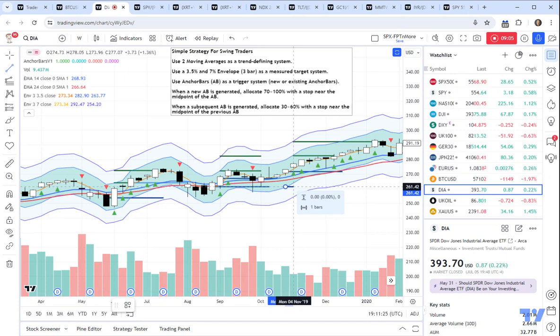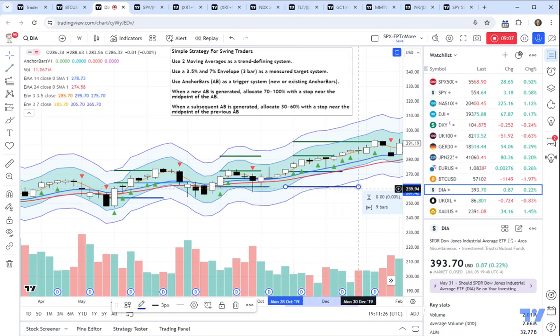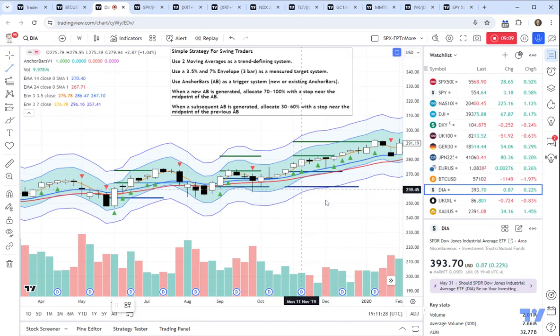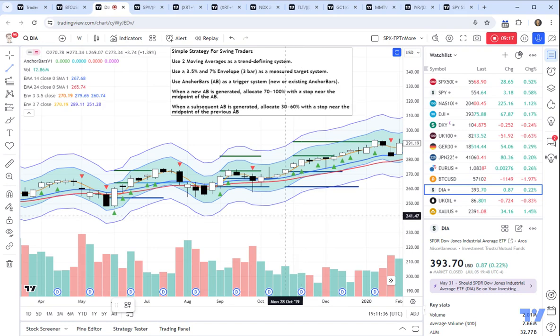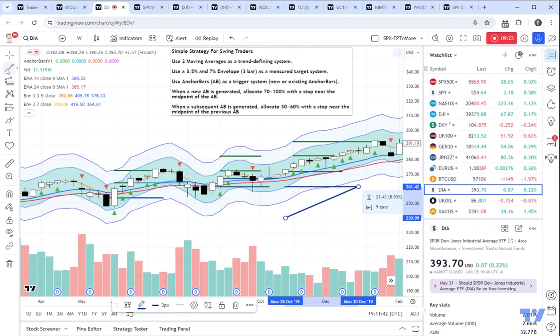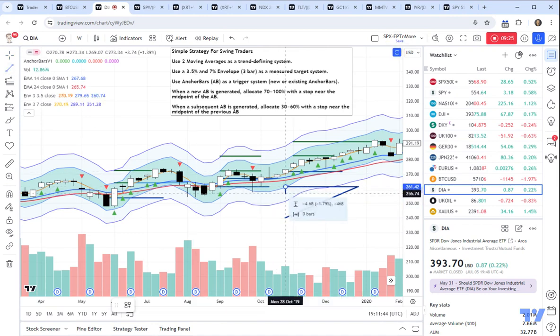So I'm going to try to draw across here and then draw here. Let me do it this way. This would be an easier way for you guys to understand. Trend line, and trend line.